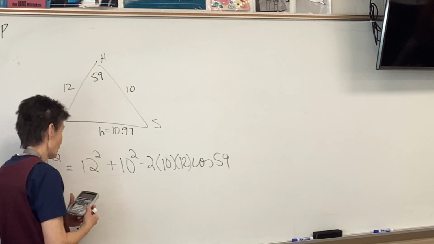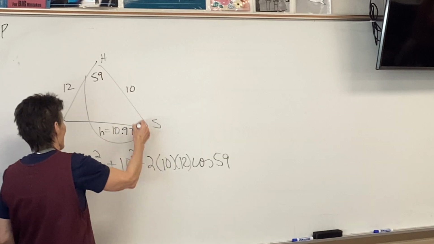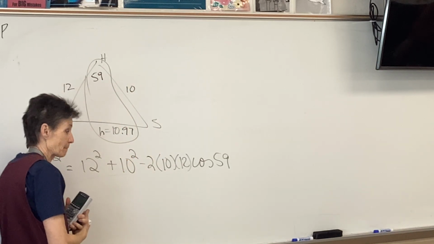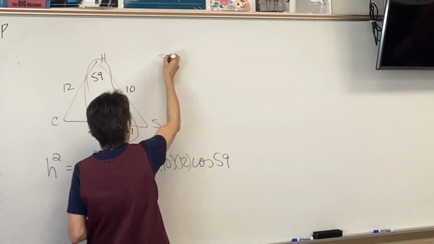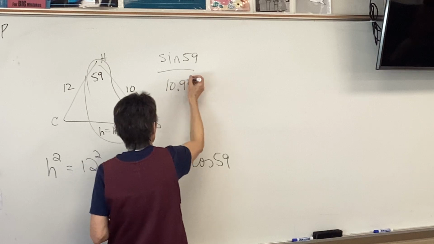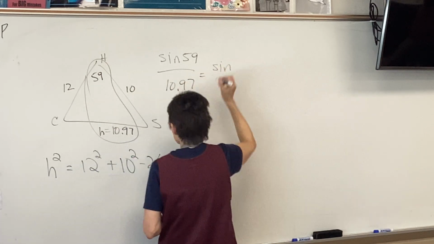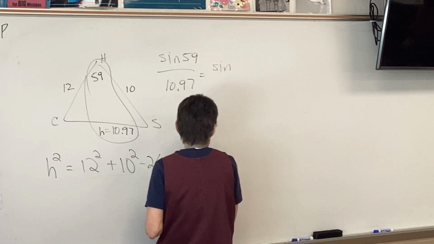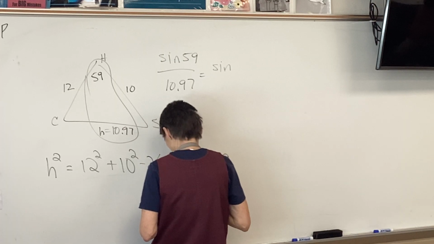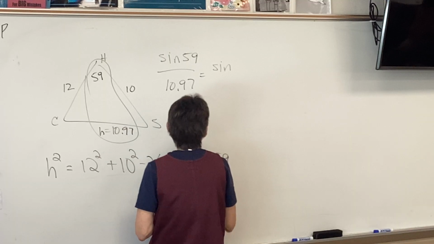Now, Michael says, I can go back to the law of sines. So sine 59 over 10.97 equals sine C over 10.